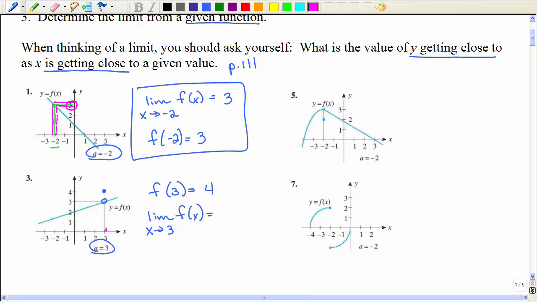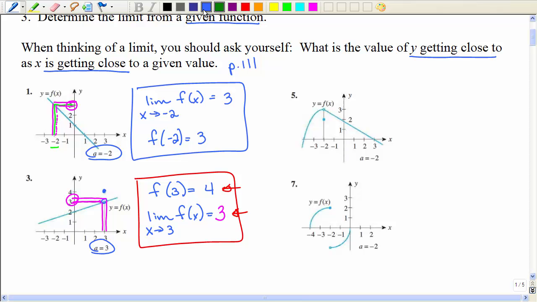So if I go on the other side of 3 and I go up to the graph, the function, what is the y value getting close to? It is also getting close to 3. You will see that this book's kind of stuck on 3. Now notice, those are not the same. That's okay. When x equals 3, y equals 4. But as x is getting closer to 3, y was getting closer to 3.